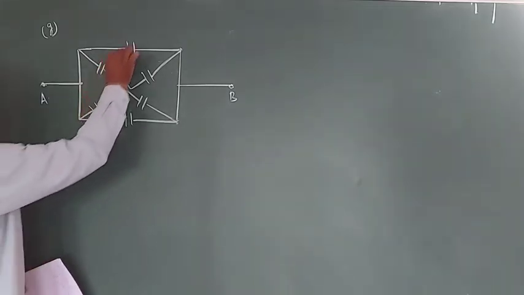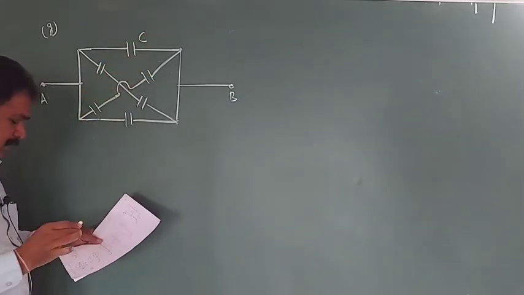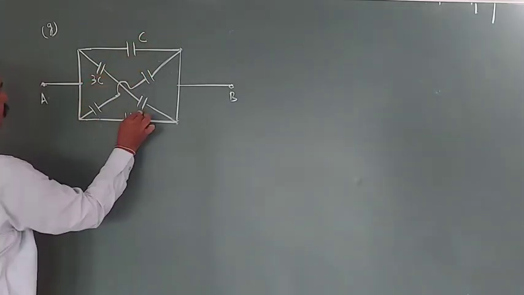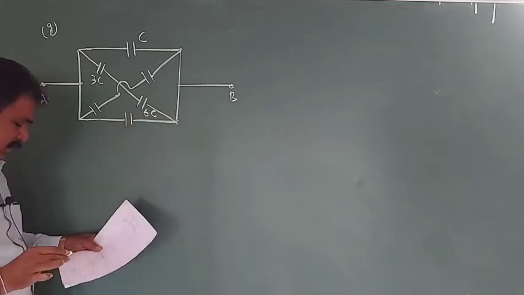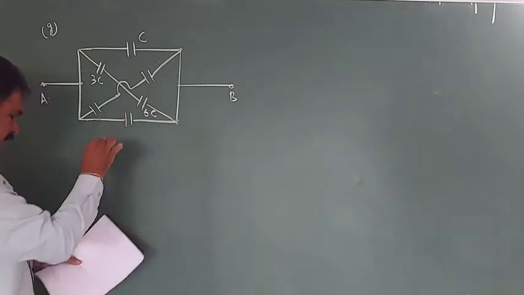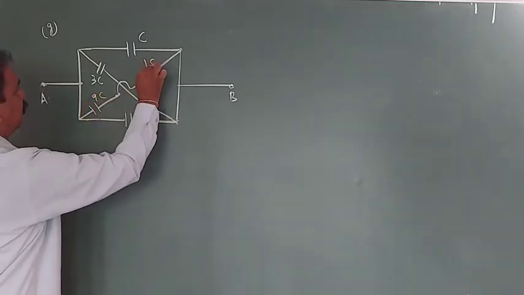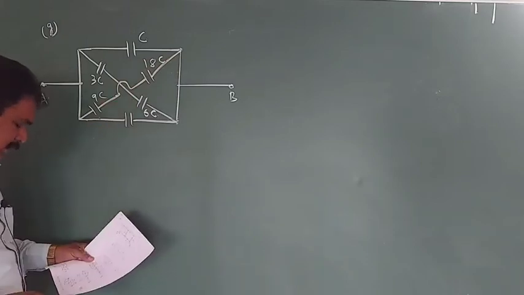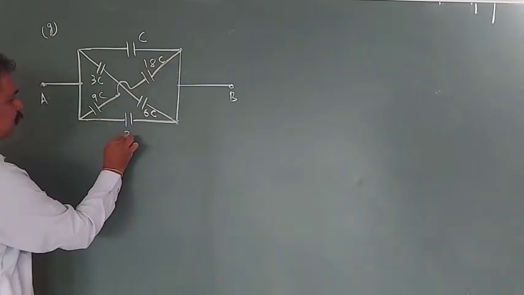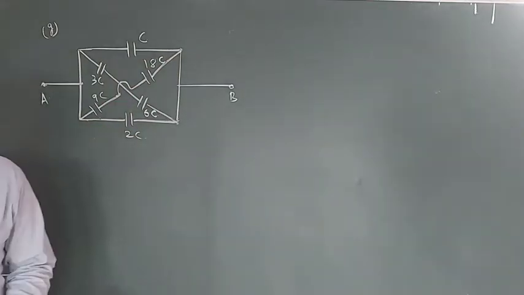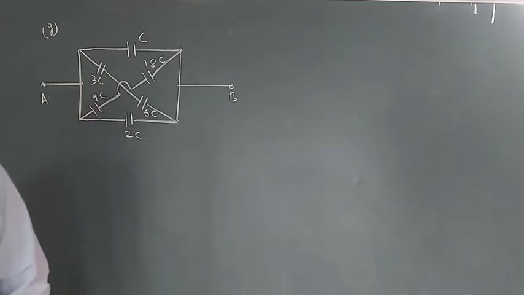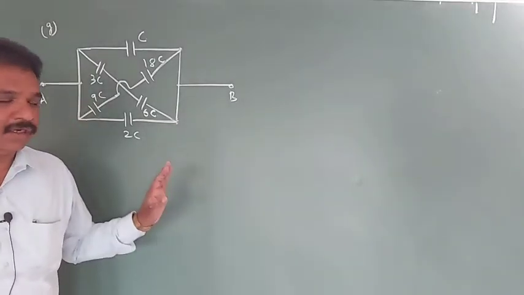Here this is C. This will be 3C, 6C, this will be 9C, 18C. Here this value will be 2C. They are asking what is the effective capacitance between A and B.